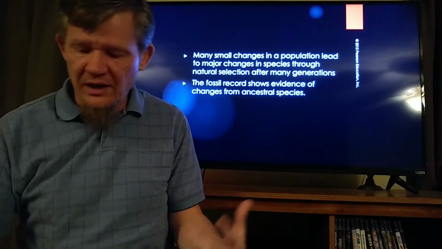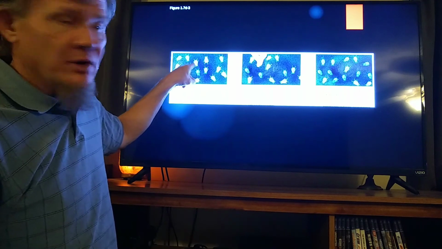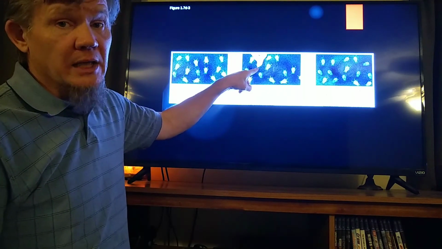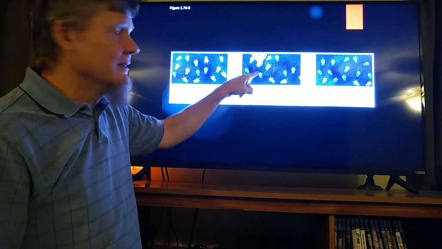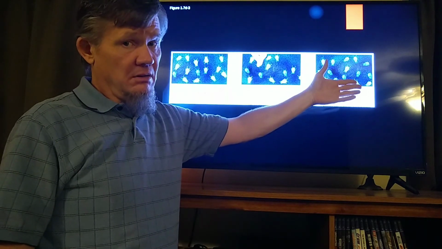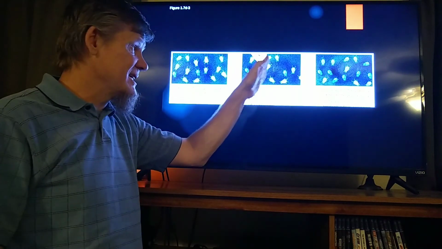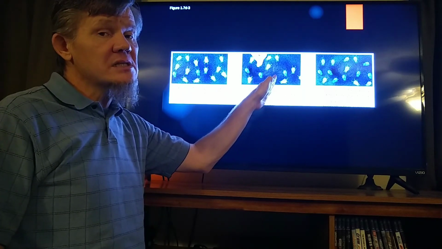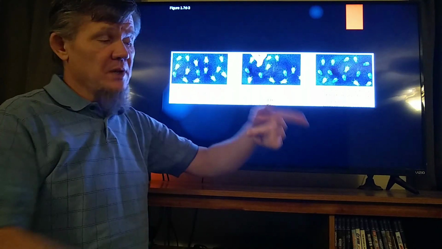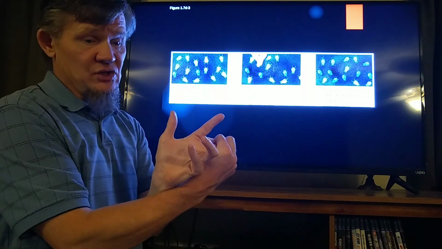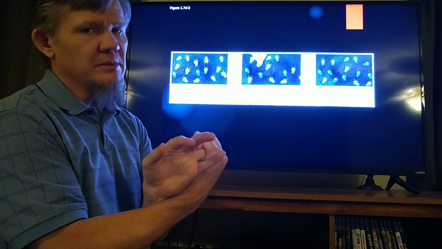The individual bugs didn't, this pale bug did not become darker. What happened to that pale bug? It got eaten. And because it got eaten, the population got darker. And because only dark bugs survived today, who was available to have babies tomorrow? Only the dark bugs. And if mommy is dark and daddy is dark, what color is baby probably going to be? Baby is probably going to be dark.